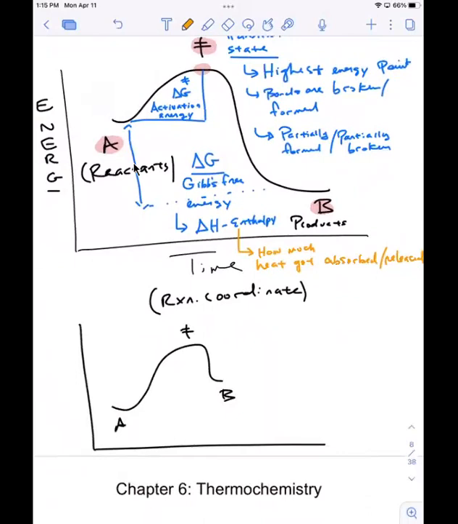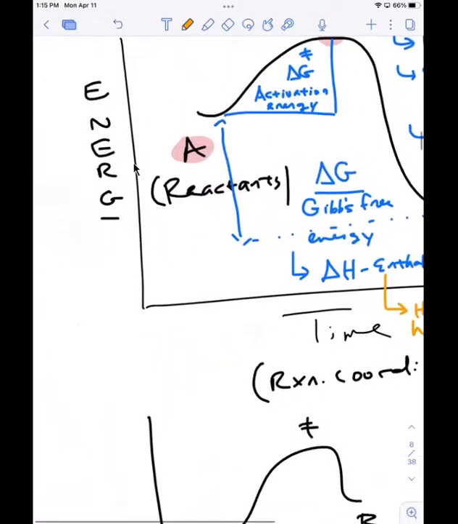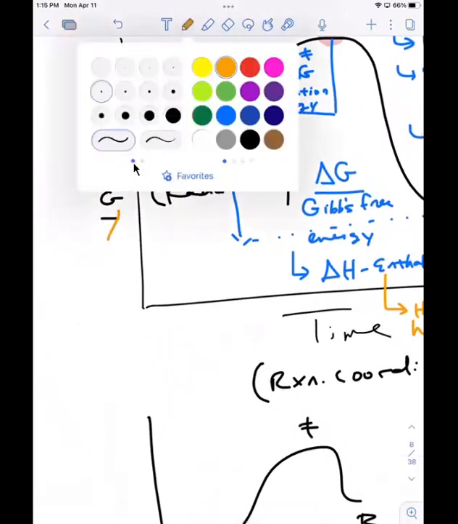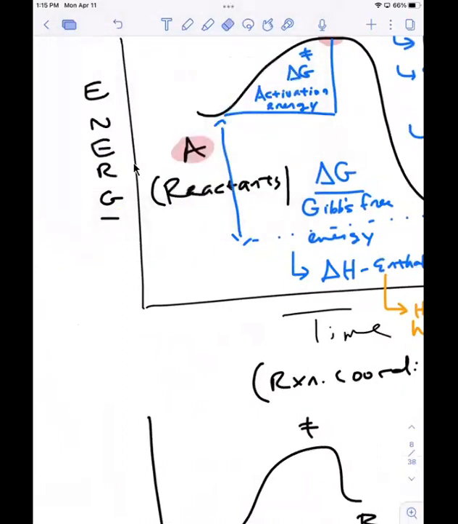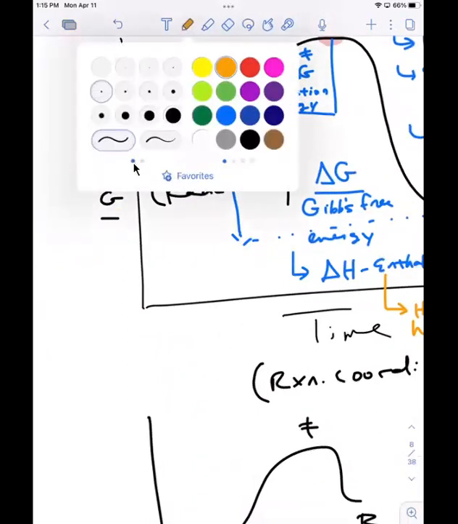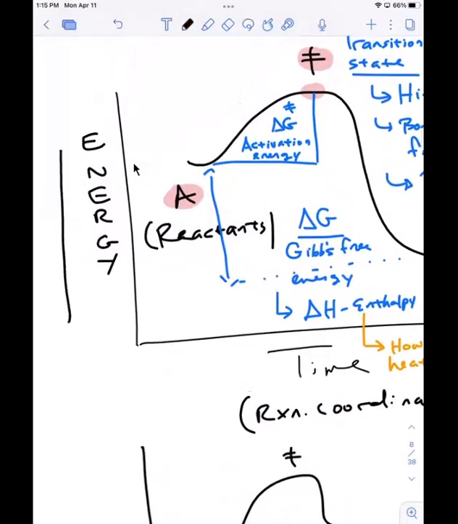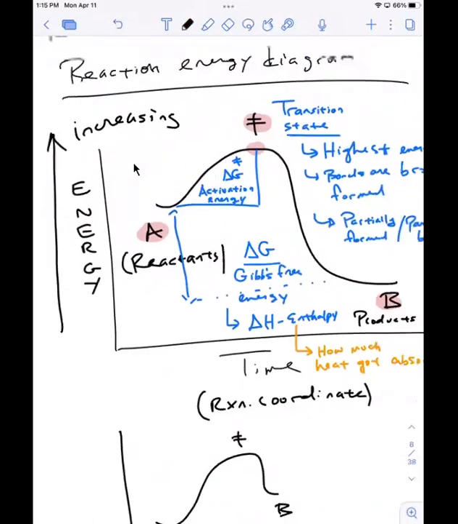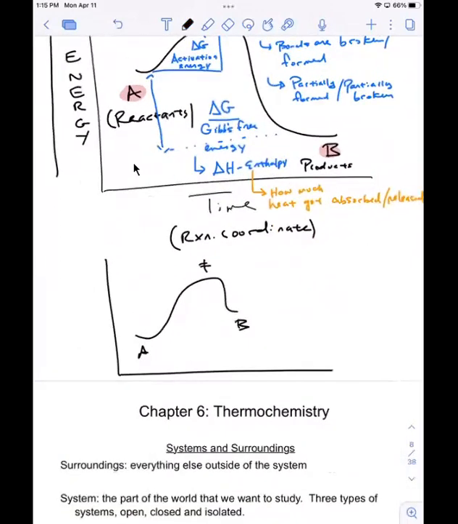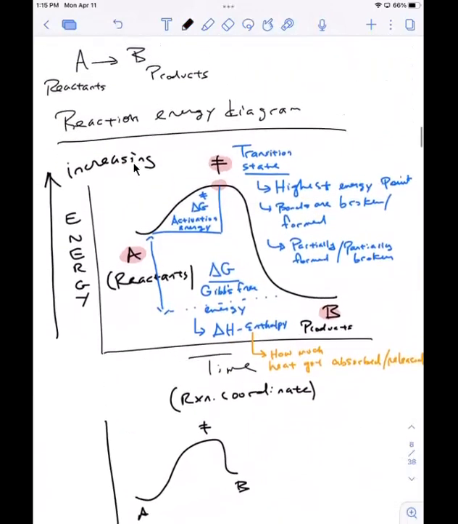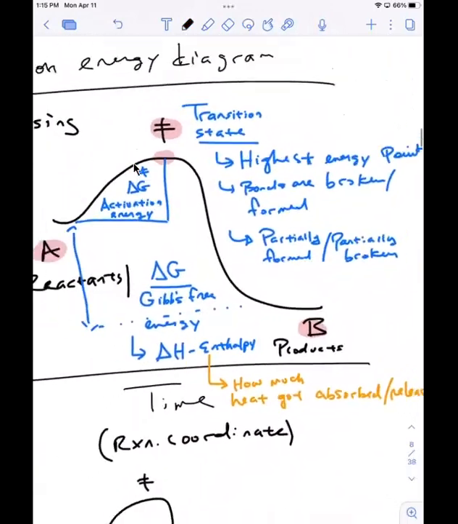If energy is increasing in this direction, right, you'll notice that B is lower in energy than A. So this type of reaction is what we call exothermic.